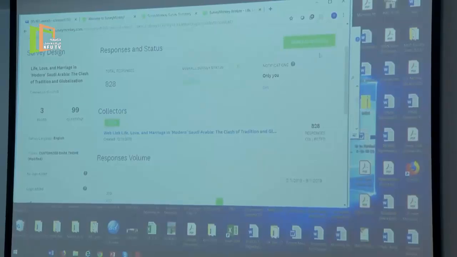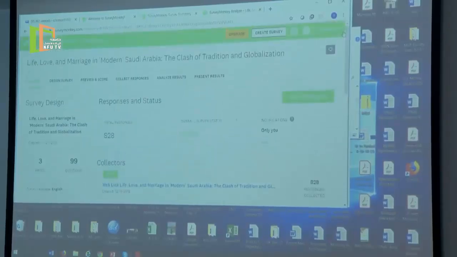We go to, notice the top part here, we have our summary. Our survey design, which we're going to go to next, is where you're actually uploading your survey. Very easy.